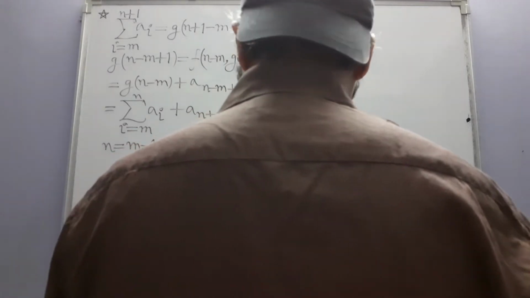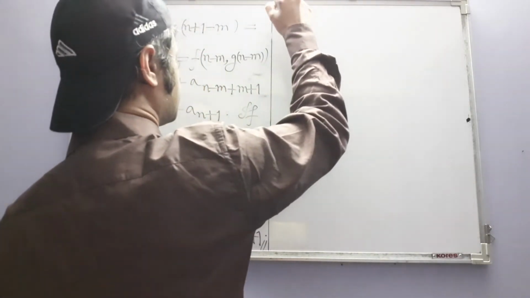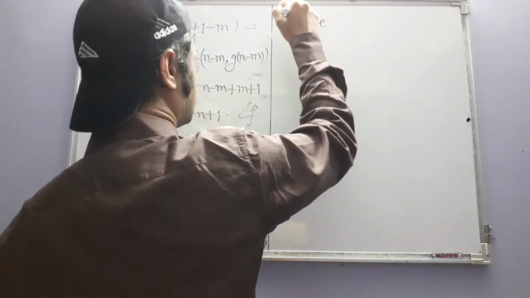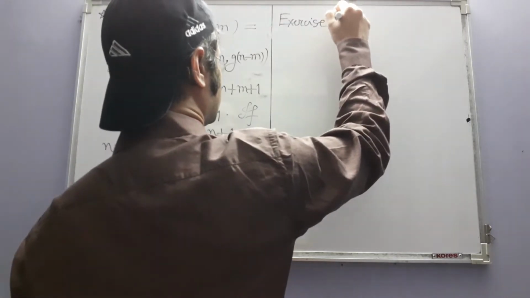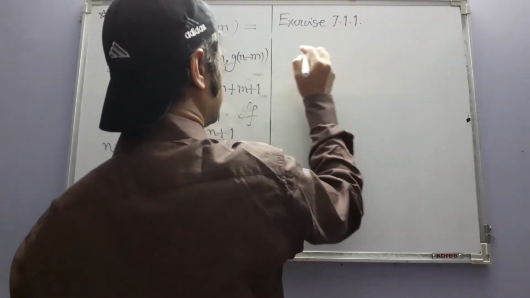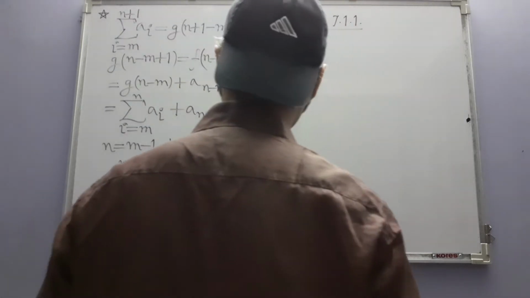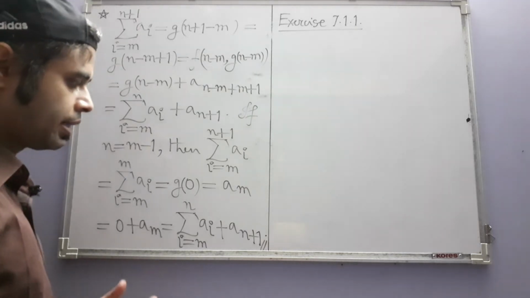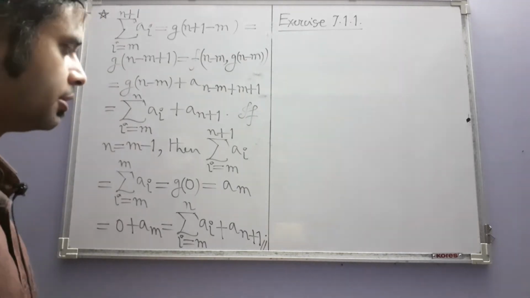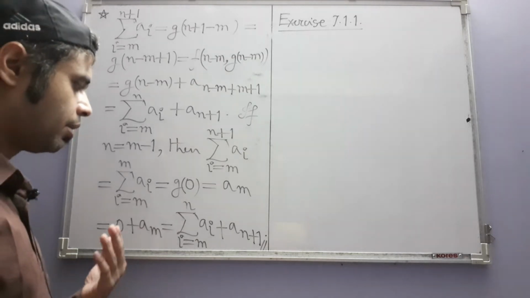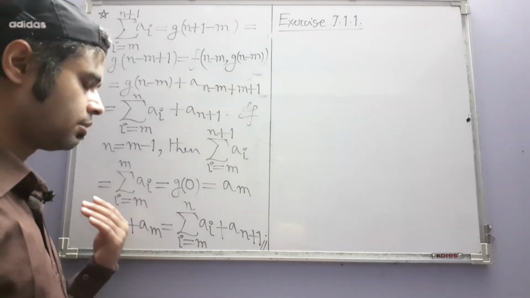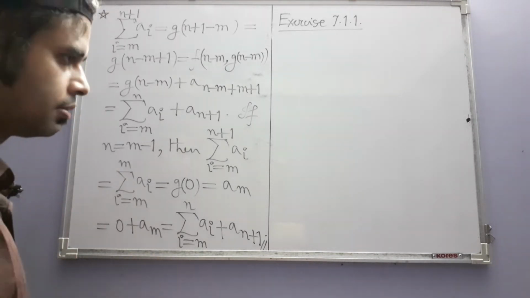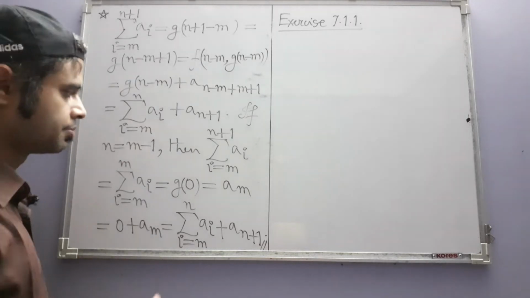And that is where the first exercise comes. Exercise 7.1.1. Have you noticed one thing? What happens in any part of mathematics is that when we work with some things for a prolonged period, we get used to them so much that it's easy to miss things.